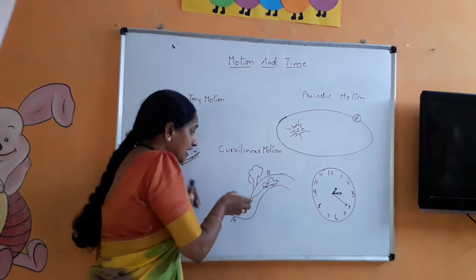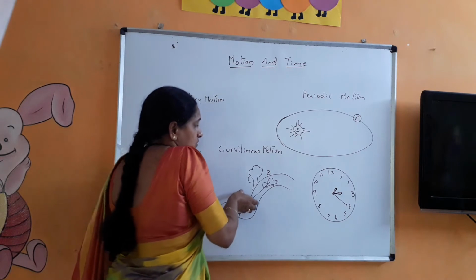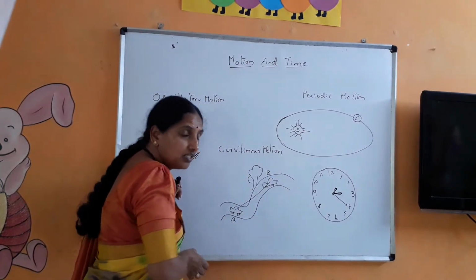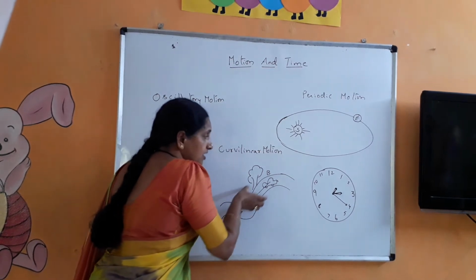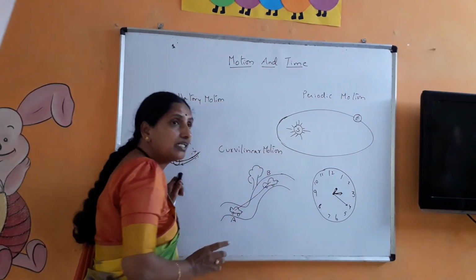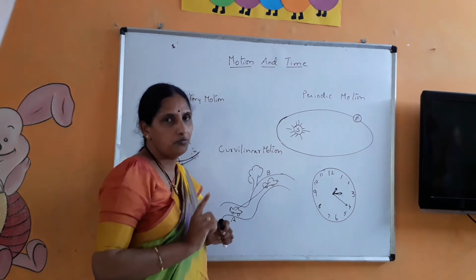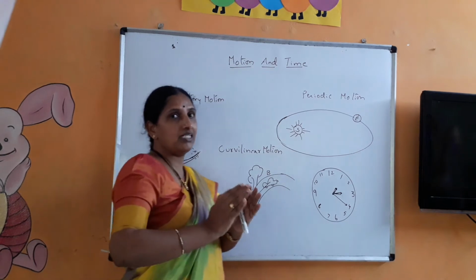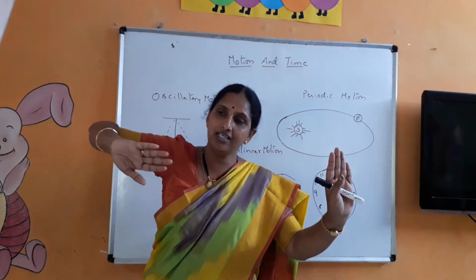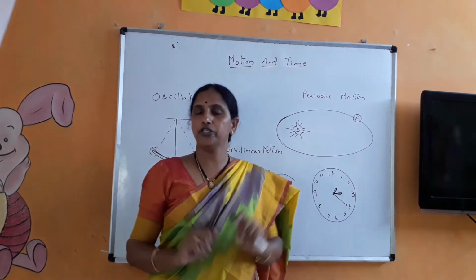If suppose there is a straight road from A to B without any curve, and the car moves in that path, then which motion does it have? Yes, linear motion. So if there is a change in the position of the body along a straight line path, we call it linear motion.